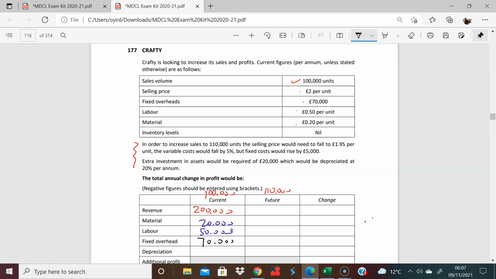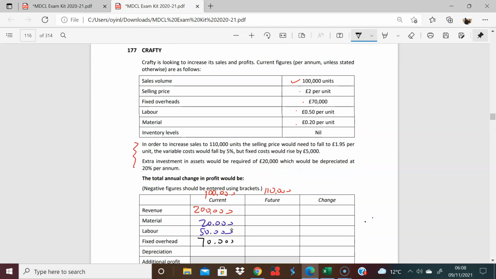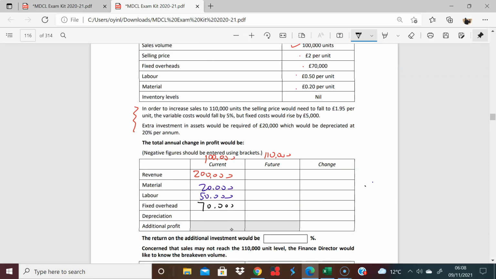And depreciation is calculated at, one second, I didn't find it very quickly. It does say that the extra investment would be 20,000. Sorry, it says here that the extra investment would be depreciated at 20%.